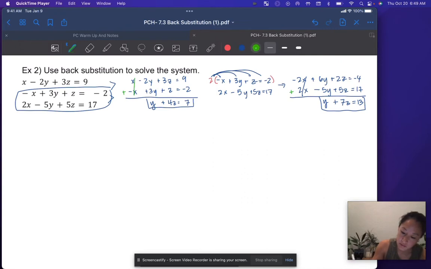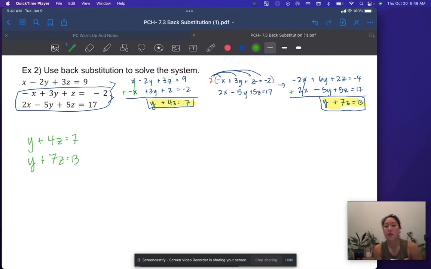Like so. So we're going to take these two equations and set them up as a new system. Okay, so I have y plus 4z is equal to 7, and y plus 7z is equal to 13.